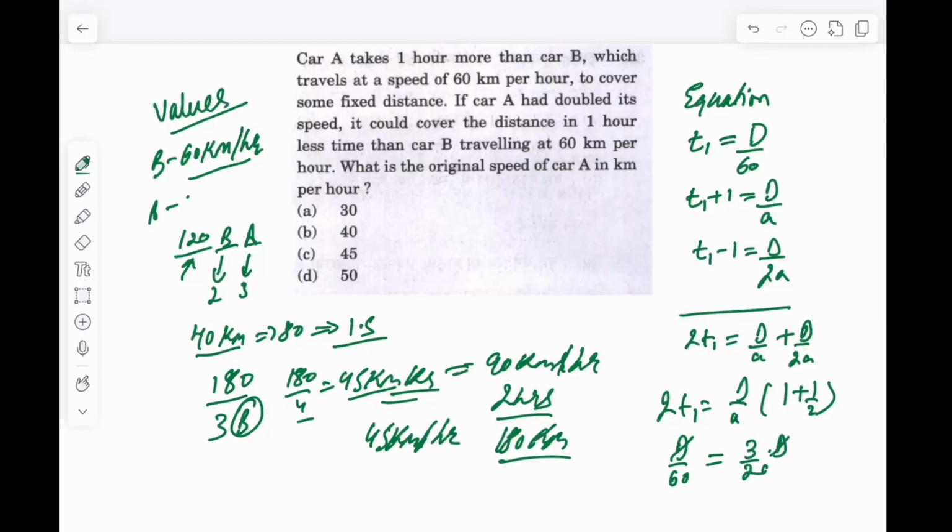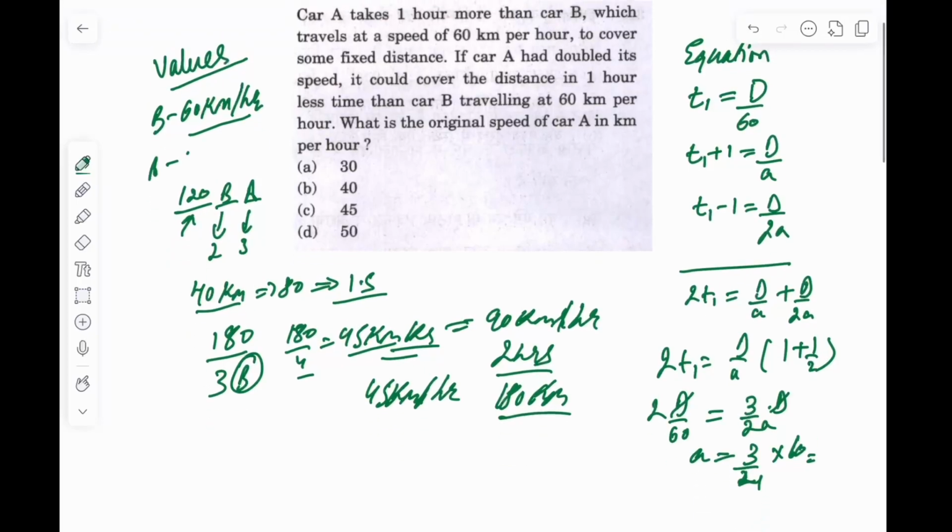So A comes here, I get 3 into 2 into 60. It was 2T1, so I put 2 also here. So I get 3 by 4 and I get A is equal to 45, right?